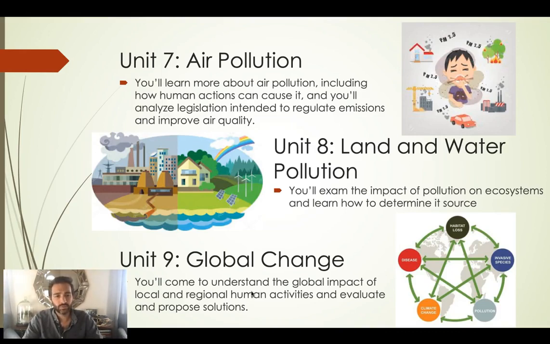And then the last unit we'll talk about global changes. And this is focused a lot about how basically everything that we're doing is on a very global scale now because of globalization.